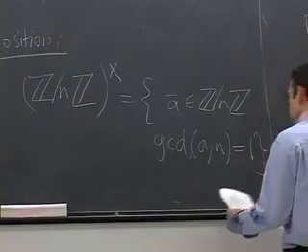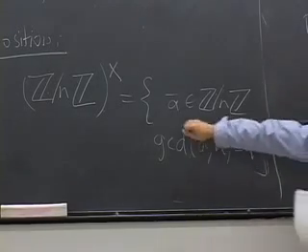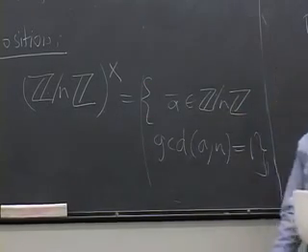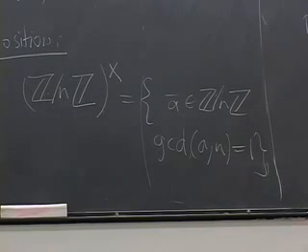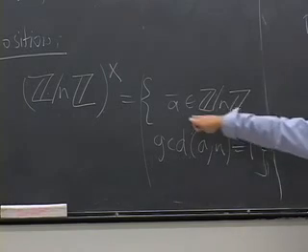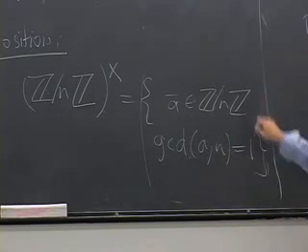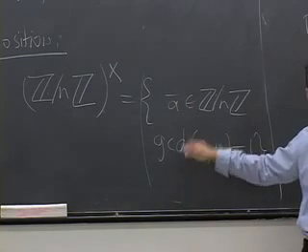Well, I mean, there is one subtle point here. What would be a subtle point in just writing down this set? There's a bit of an issue with writing this down, because you'll notice that I'm taking a-bar in Z/nZ on the left part of this, and on the right part, I'm removing the bar.